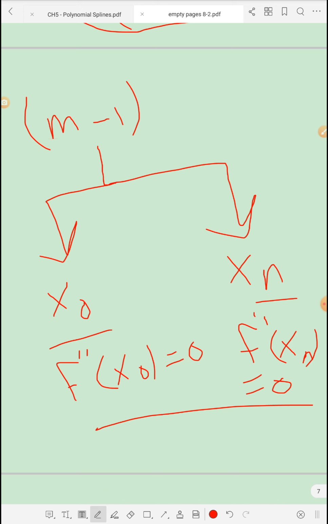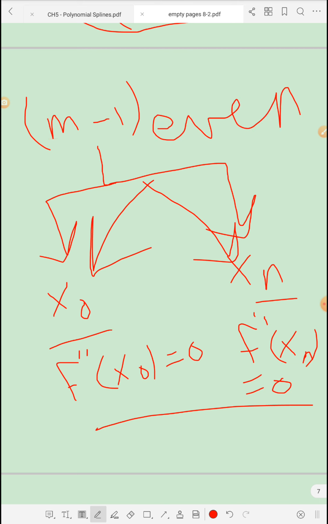So this means that in order to distribute the number of conditions equally between xn and x naught, the number of additional conditions should be even. If they are odd, one of them will be higher in the number of conditions than the other by 1.